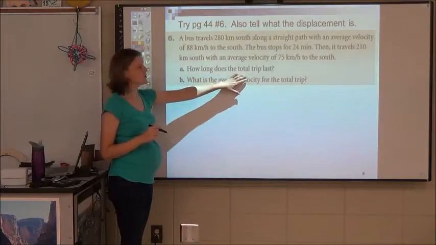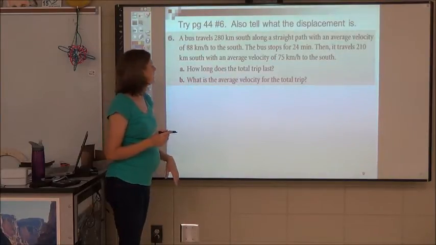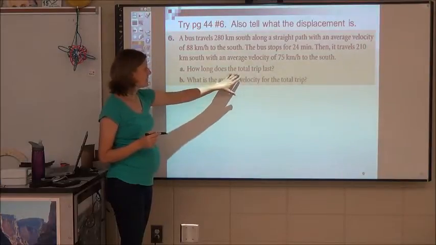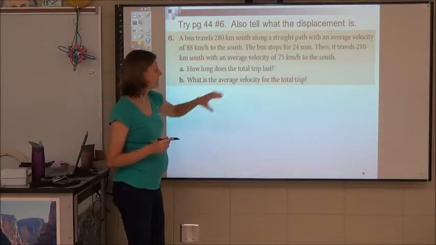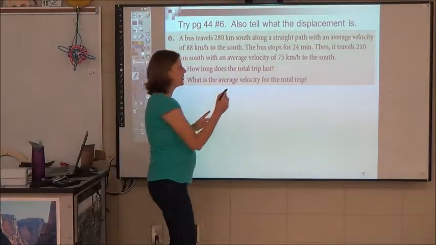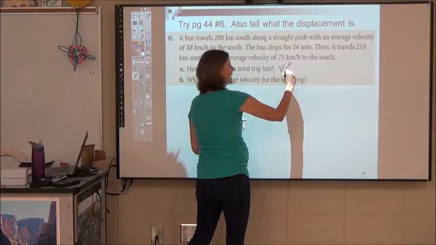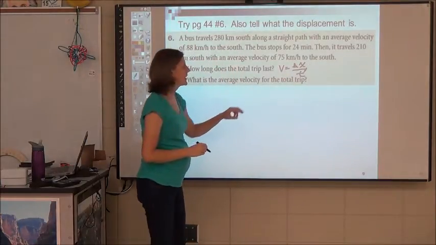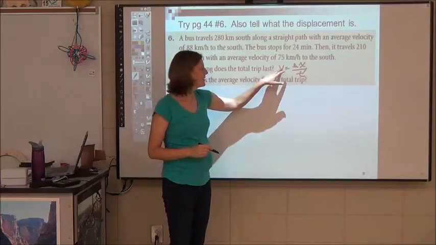Okay, how long does the total trip last? Well, that's time. I can find my time in each little part of this trip. I know that velocity is displacement over time. But I don't just have one velocity.